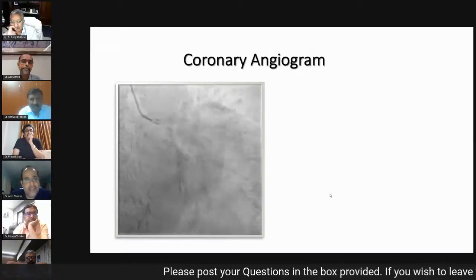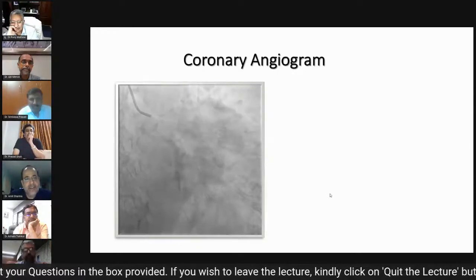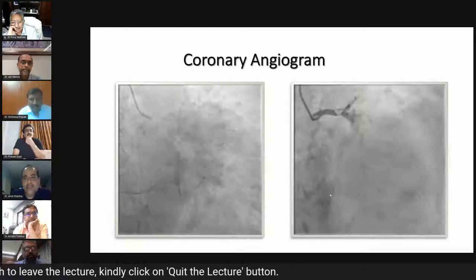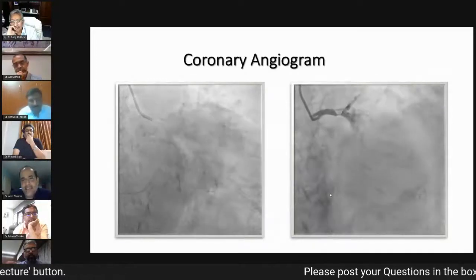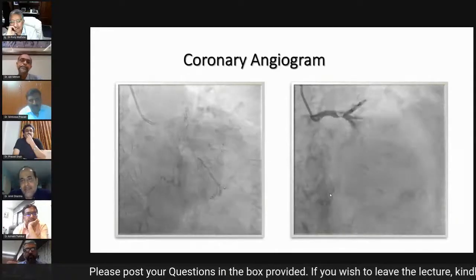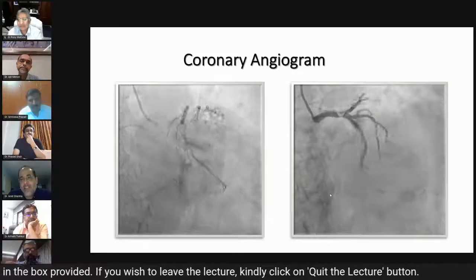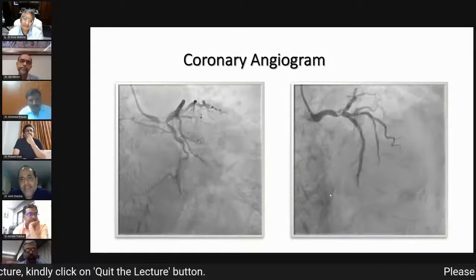The circumflex continued distally as the major OM, which was totally occluded. This was the cranial view, again showing the criticality of that distal left main lesion. There was another lesion in the mid LAD, around 70%, and very calcific vessels otherwise.